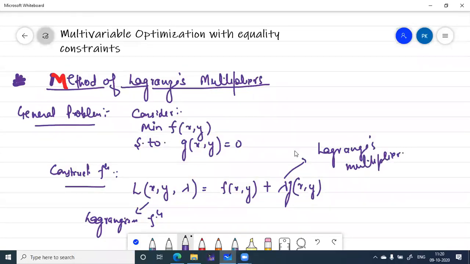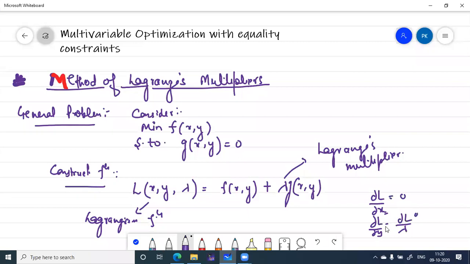Now the process is simple. Whatever variables you have, find out the partial derivatives. We have three variables here now, so I differentiate partially with respect to x, with respect to y, and with respect to lambda, equating each to 0.